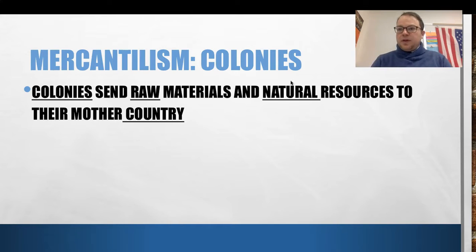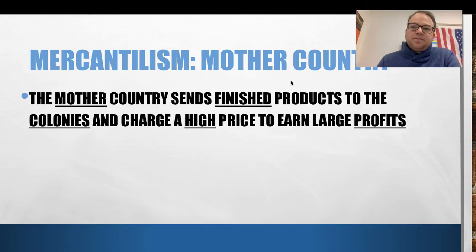So let's use the example of the colonies in England. The big raw material they're going to want is lumber, a natural resource. It's the colonists' job to harvest that raw material, make it a product, and then ship it to the mother country. So that's how it works from the colonist perspective.